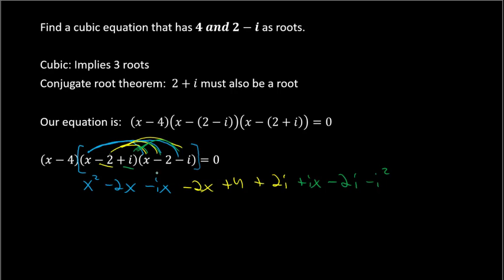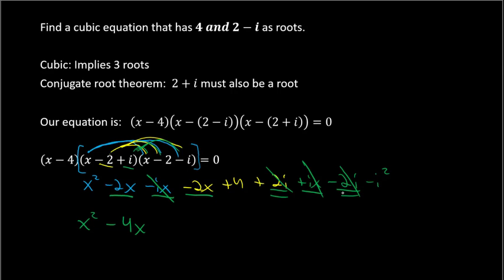So we've distributed. Let's combine like terms before we do anything else. So we have negative ix, positive ix. Those would cancel out. We have a plus 2i, minus 2i. Those would cancel out. So we're left with an x squared in the front. We have negative 2x minus 2x. Those combine to get negative 4x.